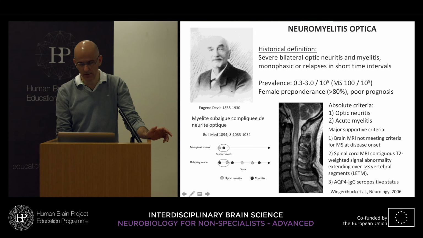And finally, the so-called aquaporin 4 antibody seropositive status. So if patients have these autoantibodies, the disease can be diagnosed, and in the new diagnostic criteria published last year, this now is one of the major diagnostic criteria.